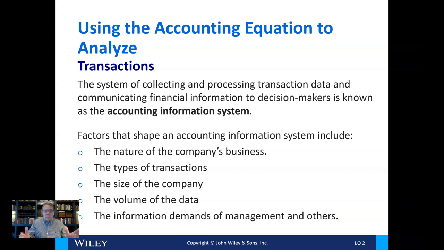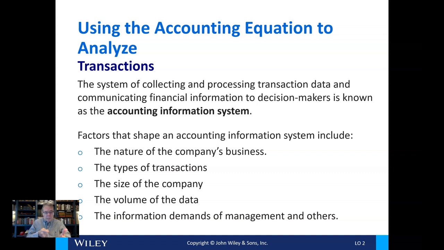Now, the accounting system basically is we collect information and put it into the accounting system, and then we produce financial statements. There are various ways of getting that information. When you go to Home Depot or any store and you are self-checking out, you're actually part of the accounting process.